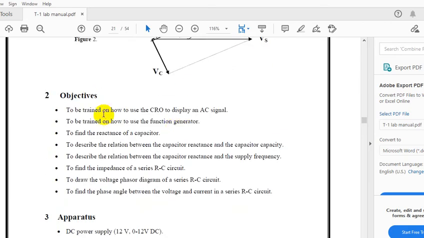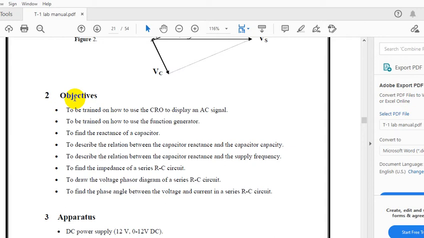So what are the objectives? First of all, here you have two new things, that is the CRO and the function generator. CRO is nothing but cathode ray oscilloscope, and the function generator is the frequency generator. Here you can provide a continuous time signal.